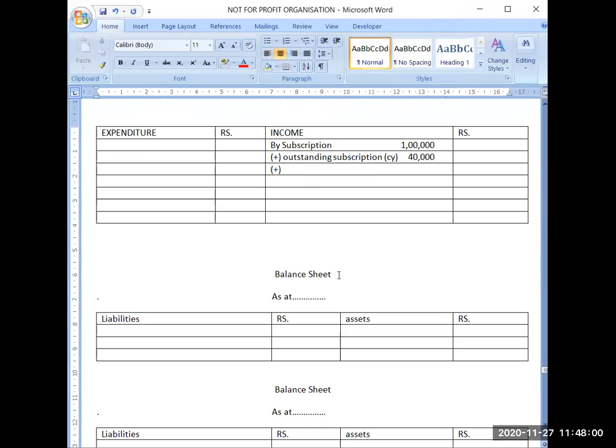This will be an asset for the current year, outstanding subscription for current year will be 40,000.